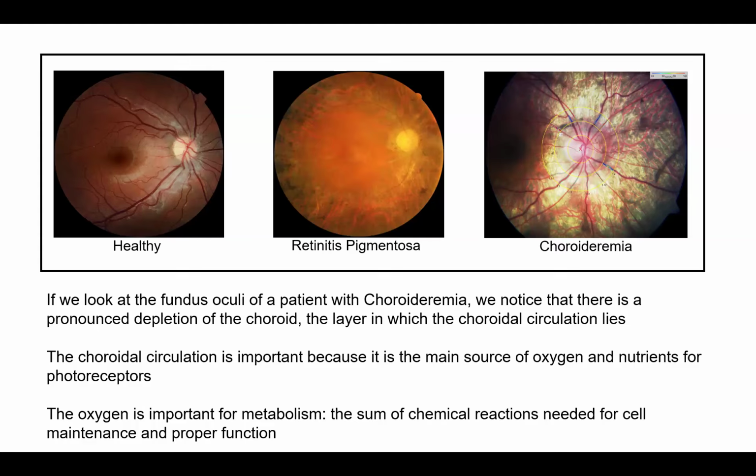However, the choroid is important because in the choroid, there's the choroidal circulation, which is very important because it's the main source of oxygen and nutrients for photoreceptors. And we all know that oxygen is very important for metabolism, which by definition is the sum of all the chemical reactions needed for cell maintenance and proper function.